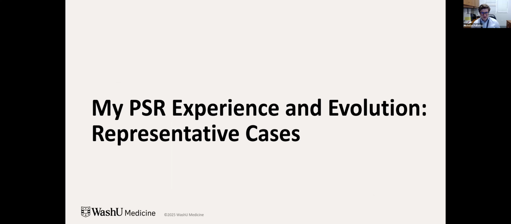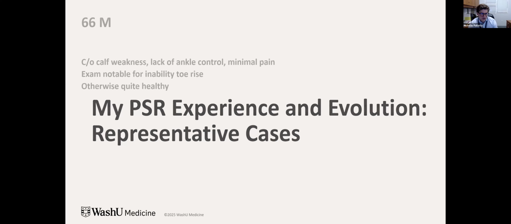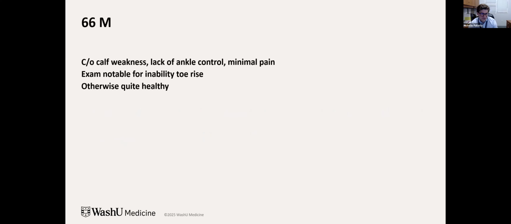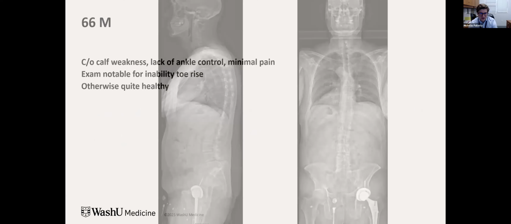I'd like to share my experience and evolution as I've incorporated patient-specific rods into my practice. The first case I did was nearly 2 years ago. It was this case, a 66-year-old male who had mostly calf weakness, minimal pain, and exam notable for an inability to toe rise, otherwise quite healthy.